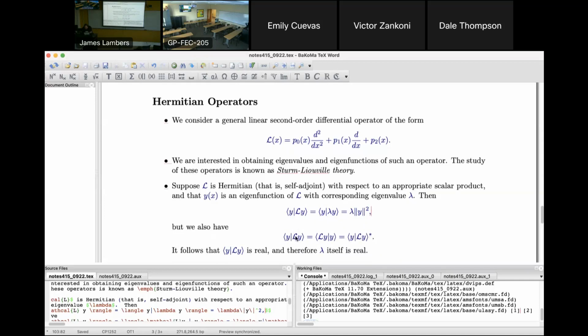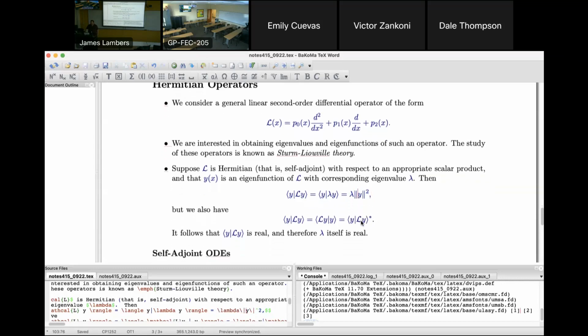So this scalar product, y with Ly, is equal to its own conjugate. Therefore, it must be a real number. So because the entire expression is a real number, and the norm of y squared is a real number, the only way that can happen is if lambda is a real number.